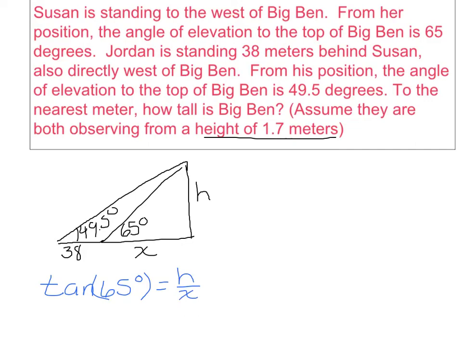And the other equation relating to the second triangle with Jordan is the tangent of 49.5 degrees is equal to the height over his distance from the tower, x plus 38.